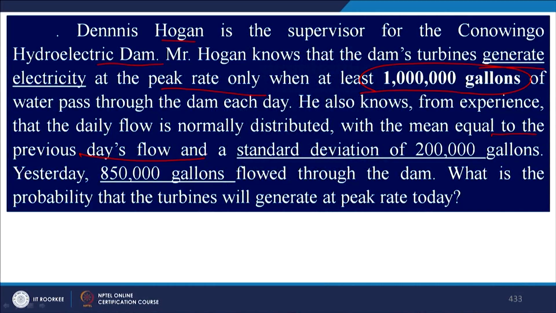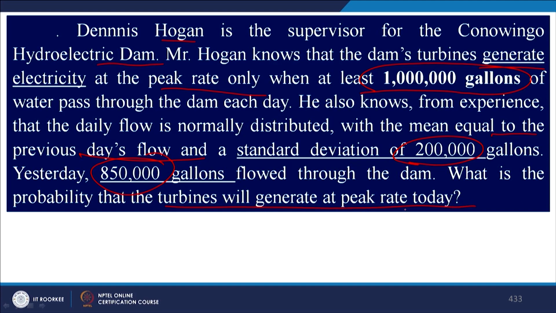Now, a standard deviation of 200,000 gallons, and yesterday 850,000 gallons flowed through the dam. Now, what is the probability that the turbines will generate at their peak rate today?